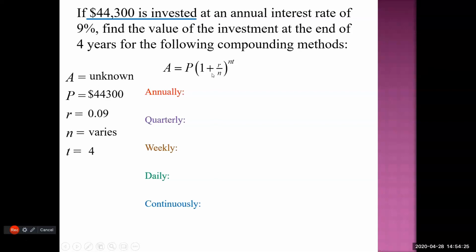So we just plug it in, same formula over and over, different Ns. So this is everything in the formula, and we just have our different Ns. So in this case for annually, N is 1. So that one's really easy to calculate. And then for quarterly, we use the same thing. We put in all these numbers, and we just make sure that N is 4.